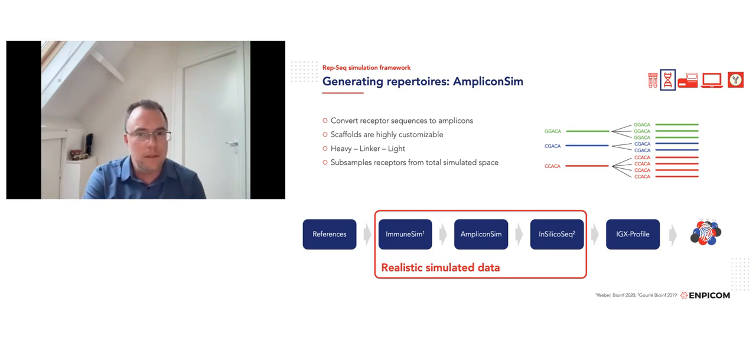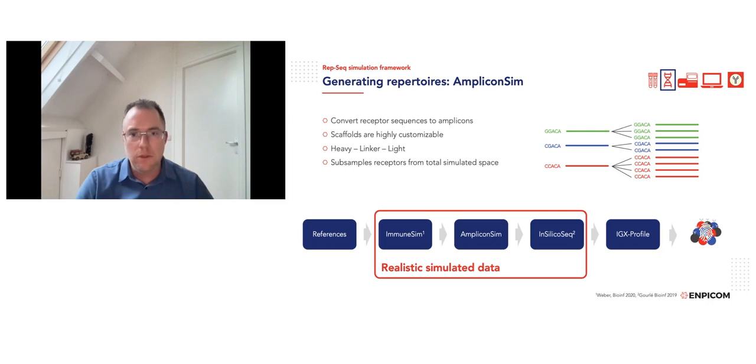We can simulate different constructs such as heavy and light chain constructs that you would find in scFv data, which is also antibody specific. And sometimes this amplification includes a certain bias because certain receptors are missed, or there's no capacity to do this. So there can also be a sampling effect there if that is required.